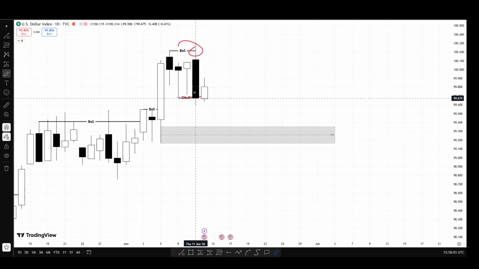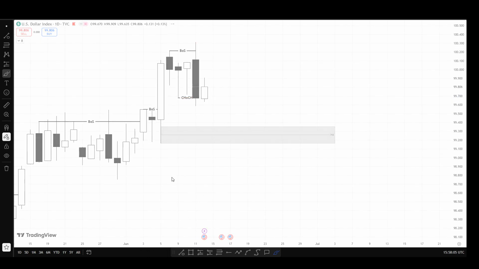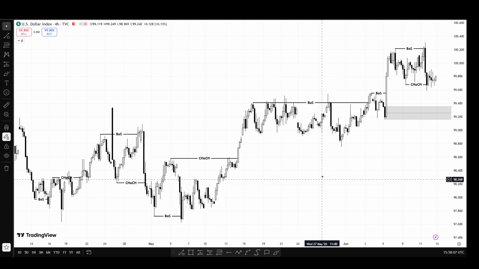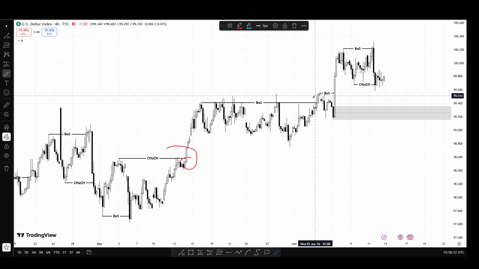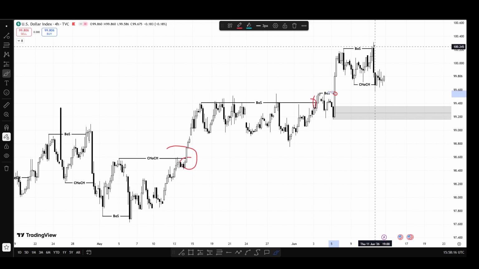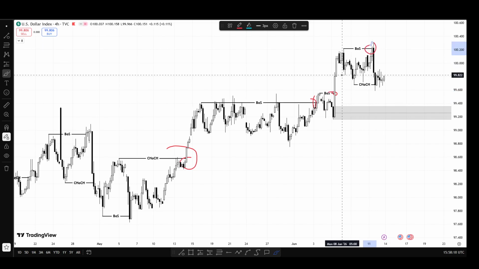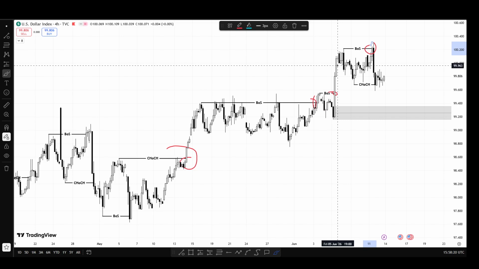On the 4 hour time frame, we're having a break here to the upside. Watch carefully: we had this break to the upside after sweeping this low.